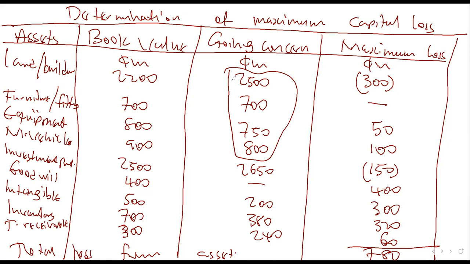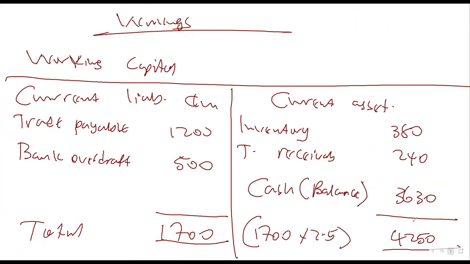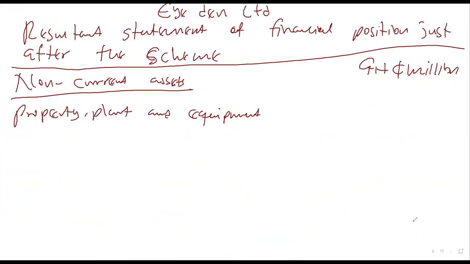2,500 plus 700 plus 750 plus 800. You must show working. So I'll do it this way: 2,500 plus 700 plus 750 plus 800.